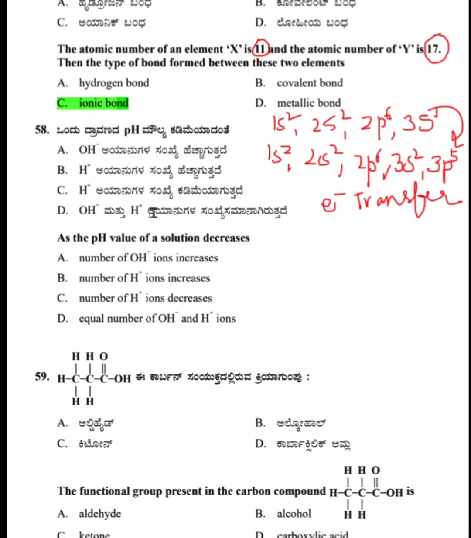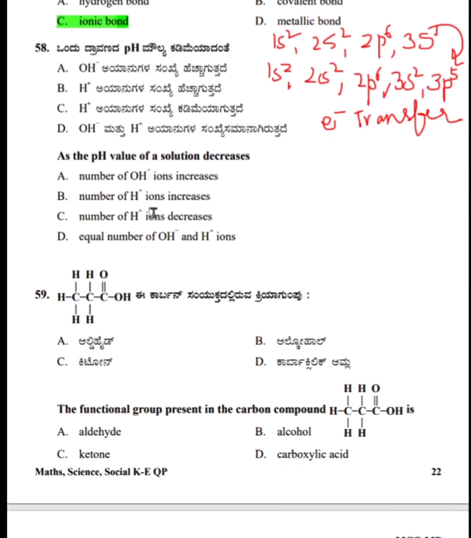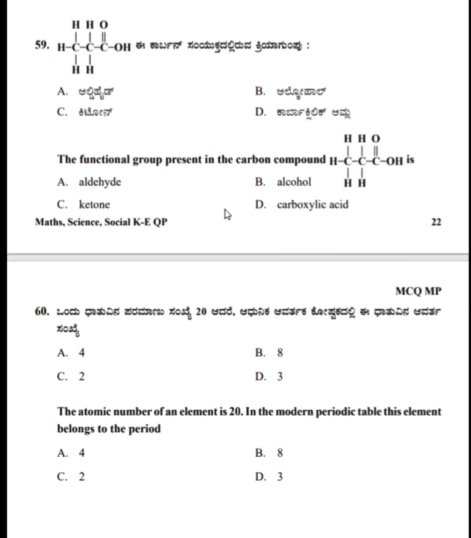Question number 58. As the pH value of a solution decreases, it means acidic behavior increases. That means the number of H plus ions increases. Therefore, the correct answer is option B, number of H plus ions increases.